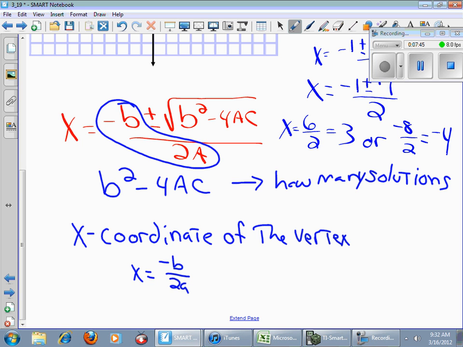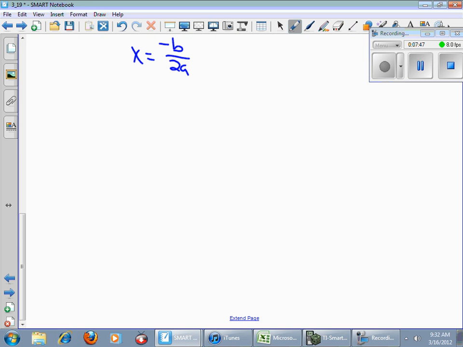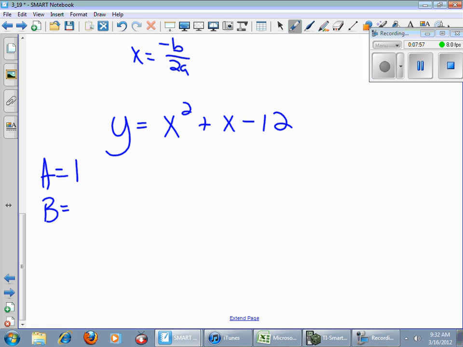So let's try some of this stuff, and then we'll go back up and graph. My equation was y equals x squared plus x minus 12, right? And I'm going to come over here and go a equals 1, b equals 1, c equals -12. I'm not going to re-go through the quadratic formula. I do know that I solved it to get x equals -4 or x equals 3.